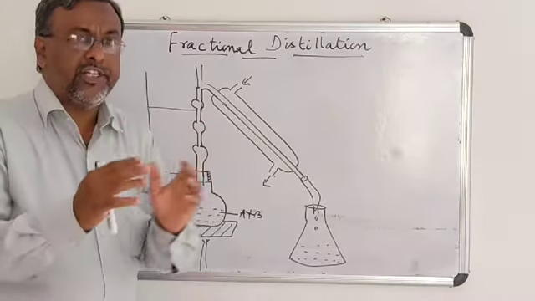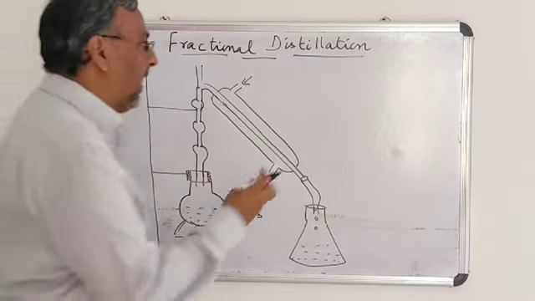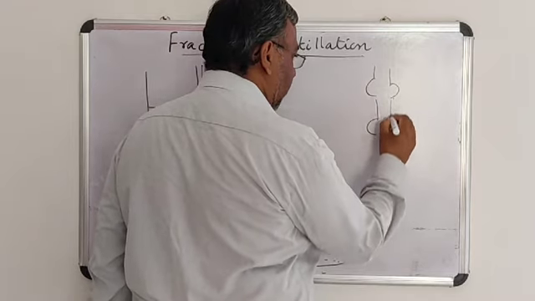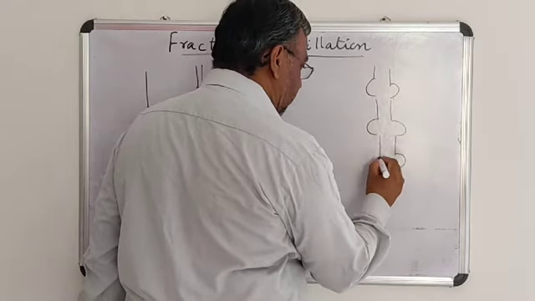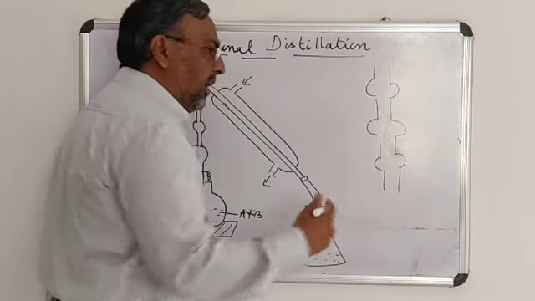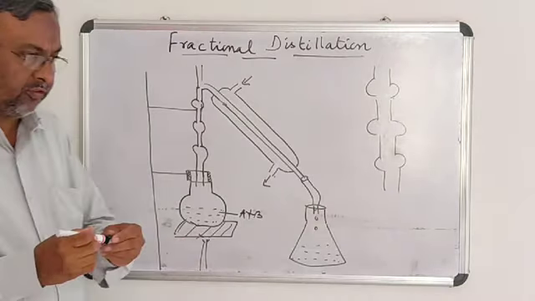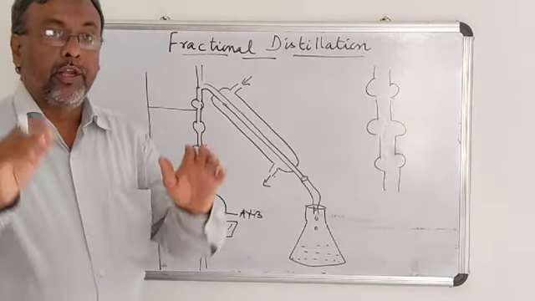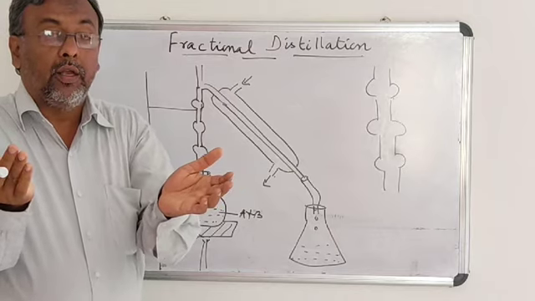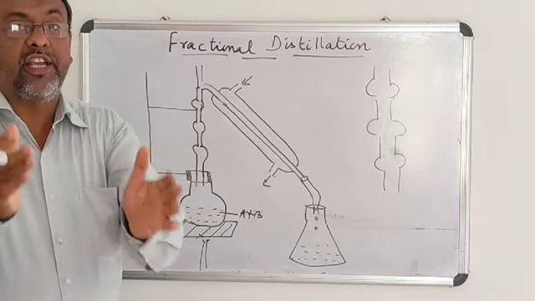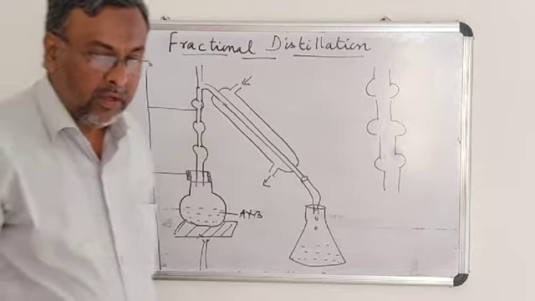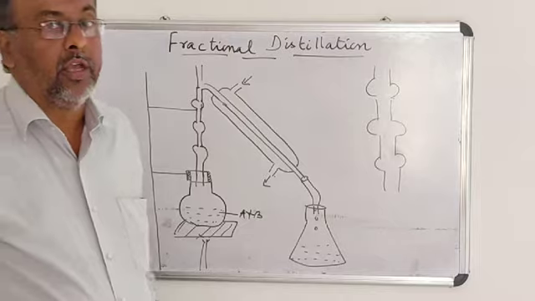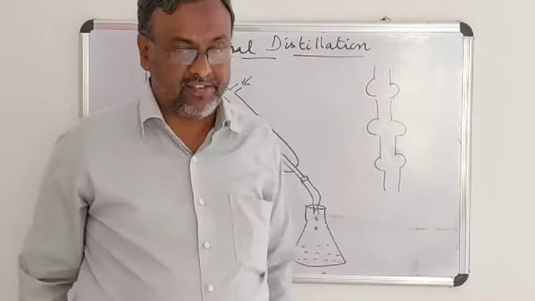We use different shaped fractionating columns. Sometimes this type of fractionating column is used. Different types of fractionating columns are used. We use the fractionating column in order to increase the surface area of condensation of the liquid. That is why we use differently shaped fractionating columns.